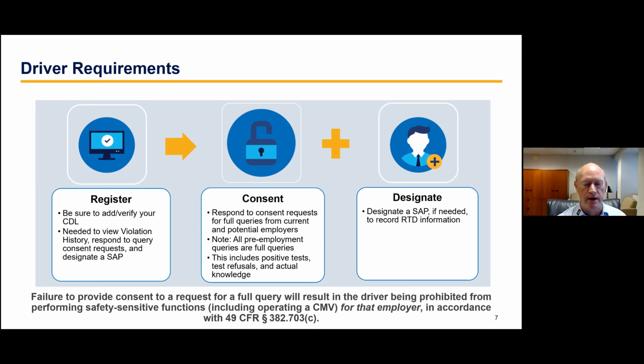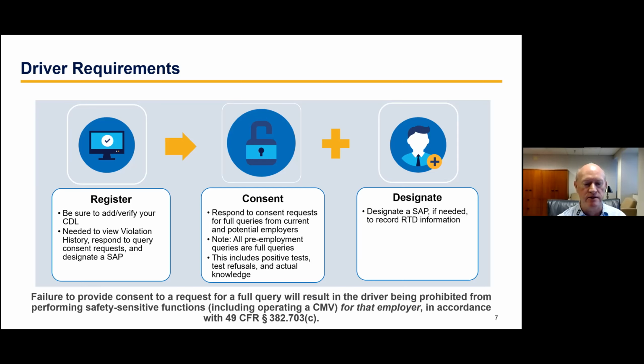It'll show what that looks like, but it's basically an employer requests a consent, the driver gets a notification, goes in and clicks a button that then gives that employer consent to check the record.